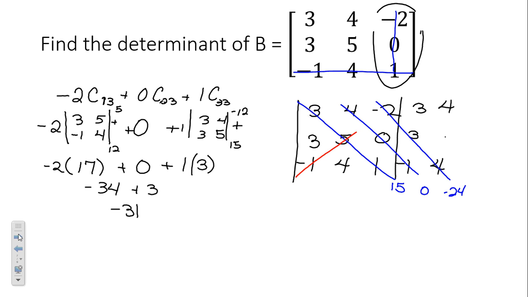Negative 1 times 5 times negative 2. Positive 10, change the sign. Negative 10. Okay. Upward diagonal, change the sign. 0. Upward diagonal and change the sign. Negative 12 when we change the sign. If we add 15 and negative 24 and negative 10 and negative 12, we get negative 31.